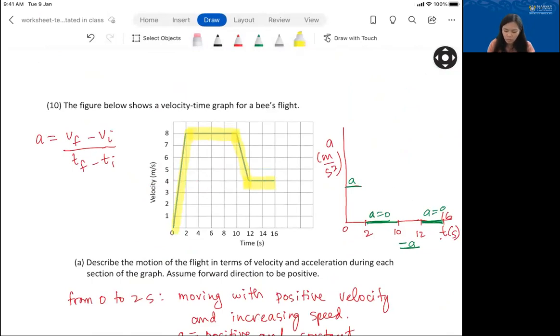So that means we actually need to get this whole area. We need to figure out, okay, what is this whole area right here? Right. It's irregularly shaped.